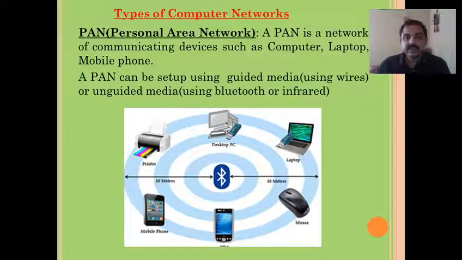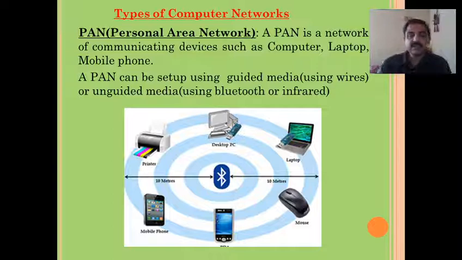It may be a physical connection, then we call it guided media, or without any guided media, that is without the use of wires, through Bluetooth or infrared. So the data is transferred between two or more devices, then we can call that a personal area network. Normally it is within 10 meters of distance.